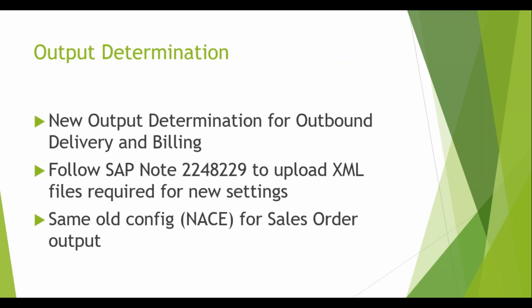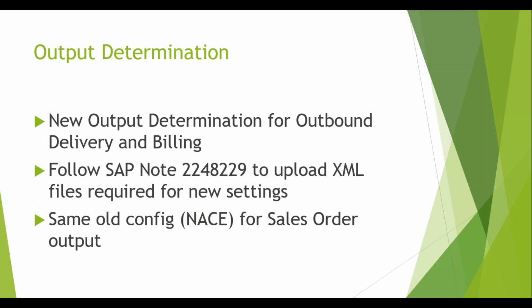Yeah, output determination now. I think you already know this. I'll just provide you some background, what we already discussed during the purchase order. Similar to purchase order, earlier in ECC, we were able to configure the output of the purchase order or the billing document using transaction NACE.